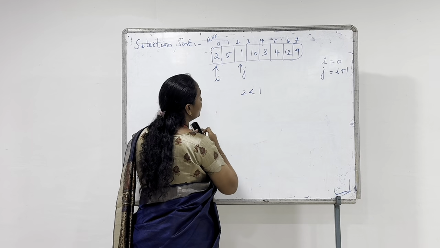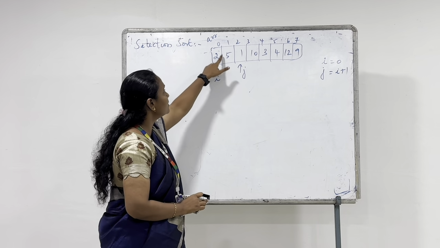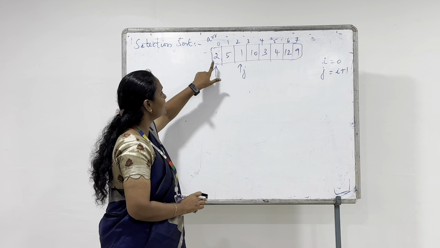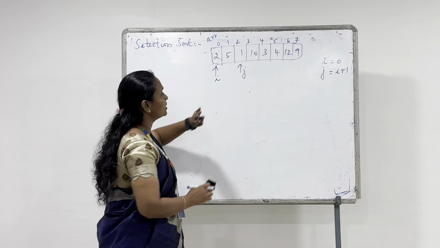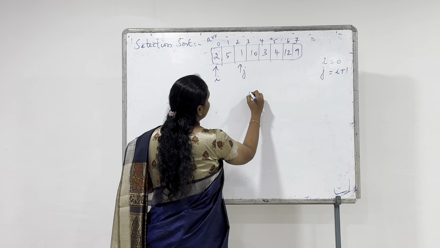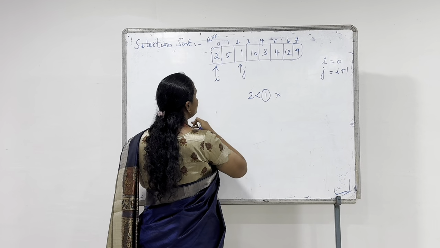1 is the lesser value. Our aim in selection sort is to always fix the first element first, and it should be the least among all the values. So this condition, 2 is less than 1, is false because 1 is lesser, so just swap these two values.